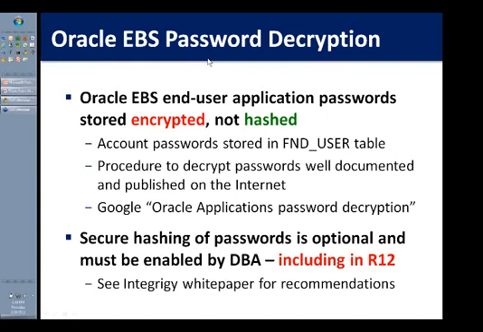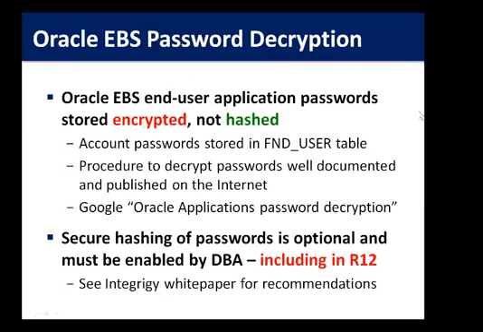Oracle actually did a fix for this and allowed you to then hash the passwords. This is optional though. One of the major issues is that most people are not implementing the hashing, and it's not even included in R12 by default. You actually have to enable it. Integrigy's got a very good white paper on our website that goes through and details this out. Probably more than you ever wanted to know, but it's all there.